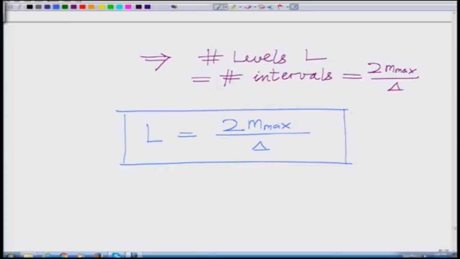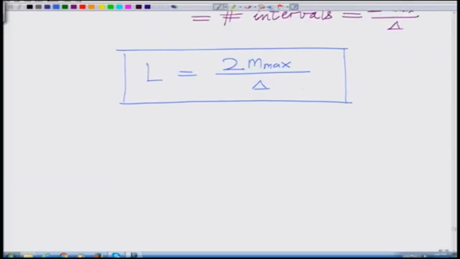So L equals 2m max by delta, or alternatively this also means that delta equals 2m max divided by L, that is the width of the interval. That is, the step size is twice m max, the dynamic range, divided by the total number of quantization levels. Okay. That is the width of each uniform interval.